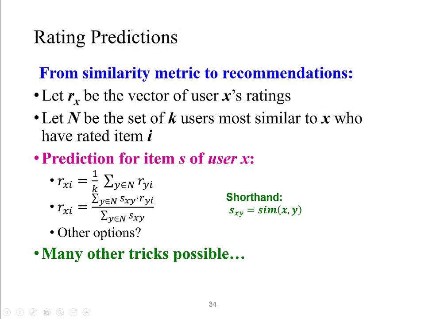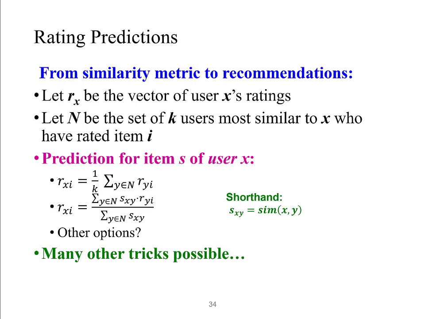Right. Now let's look at the second question. What would be rating prediction? Previously we have found those similar users to the user X. So the next thing would be, how do we predict the rating of the unknown item of user X?